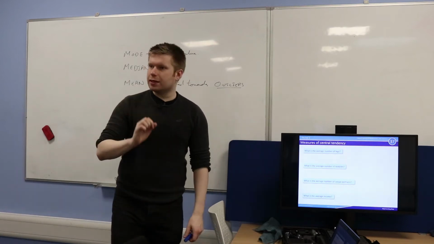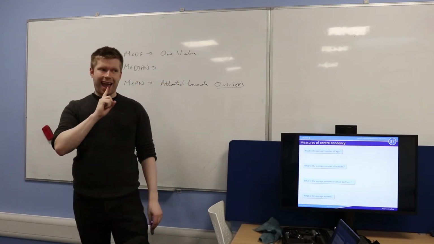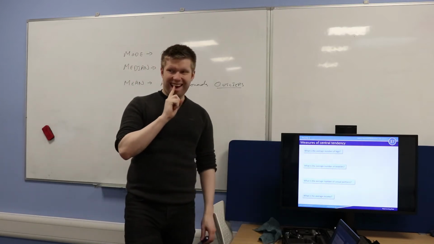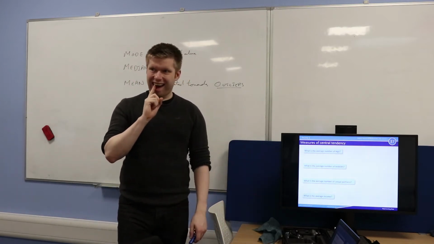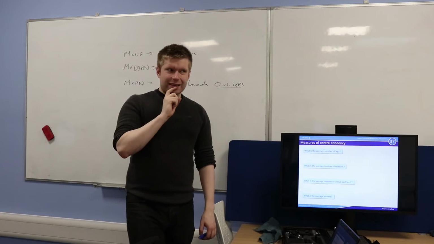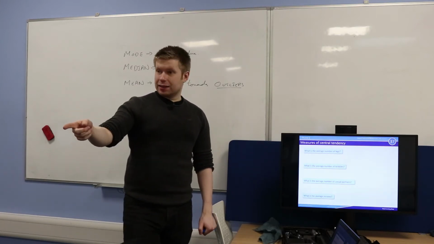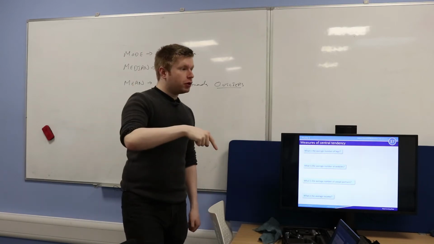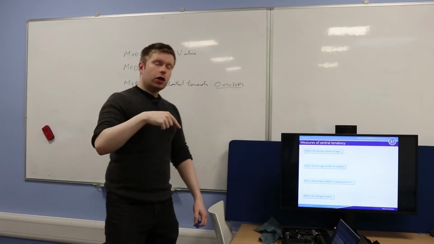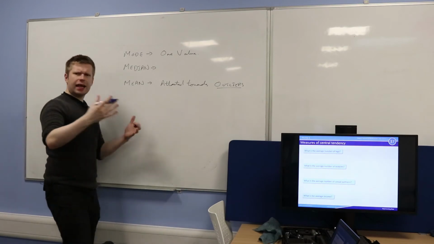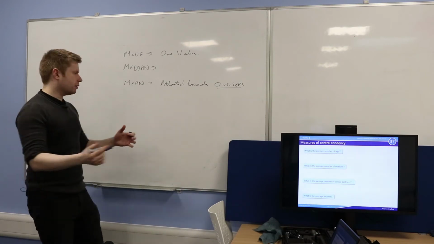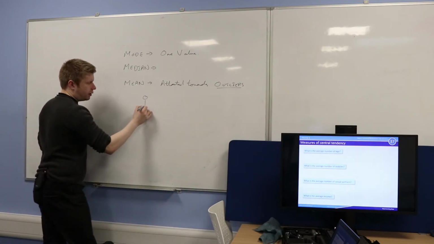What would the median number of testicles be then? It depends, doesn't it? You're absolutely right. You've just got to imagine, let's suppose we do it with 10 and 10. On this side, we're going to have females.